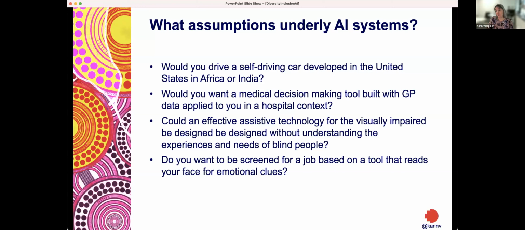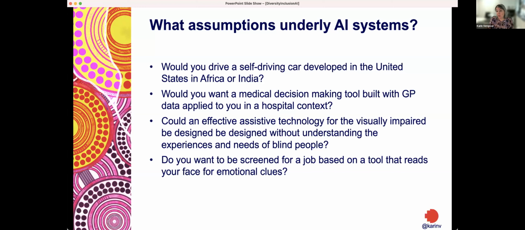We can think about this in all sorts of contexts. Would you want a medical decision that was built with GP data applied in a hospital context? Again, this is just a shift in context where the assumptions and the variables even that are available for the decision making are quite different.